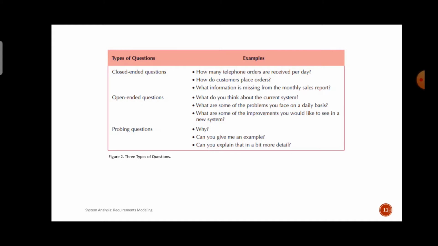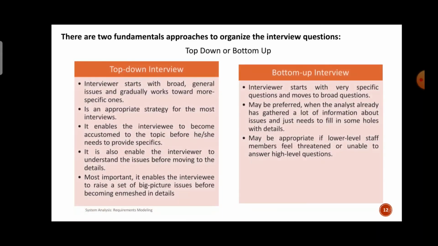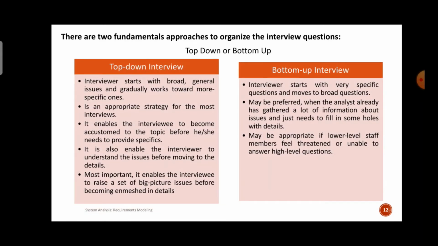In general, an interviewer should not ask questions about information that is readily available from other sources. There are two fundamental approaches to organizing the interview questions: top-down or bottom-up. In the top-down interview, the interviewer starts with broad, general issues and gradually works toward more specific ones.